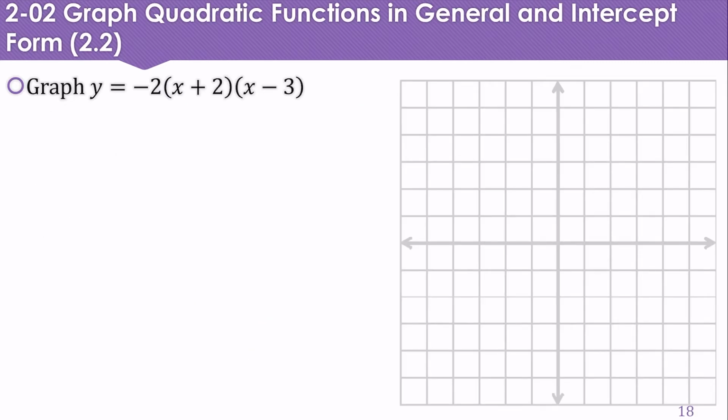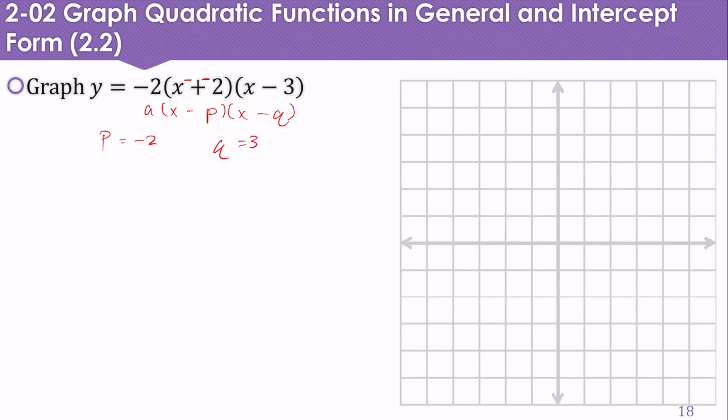Let's graph this one. We have these two factors. That makes it intercept form. So as you can see, this would be like x minus a -2. So p is -2 and q is 3.